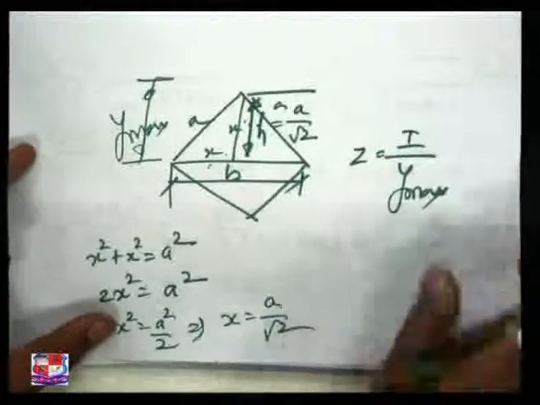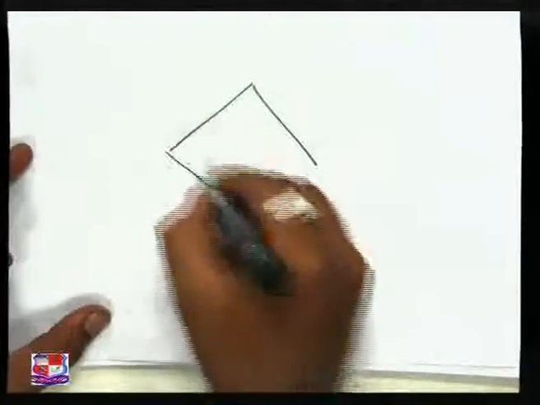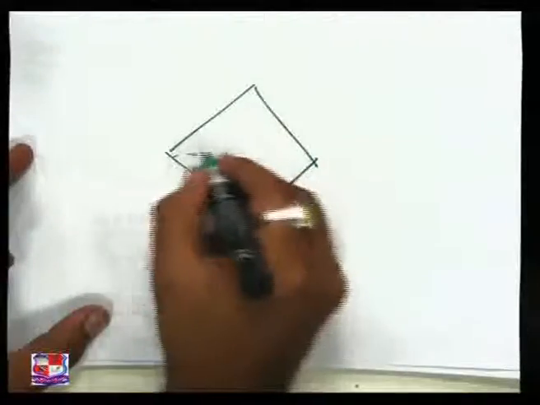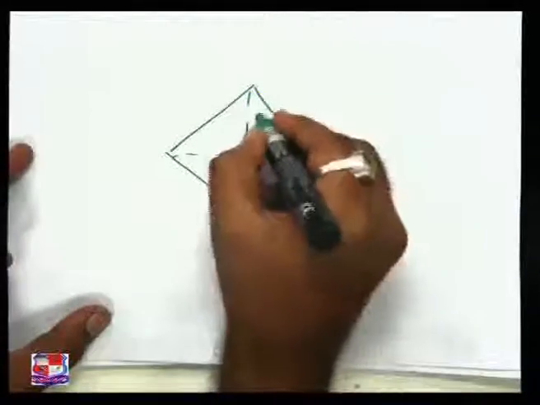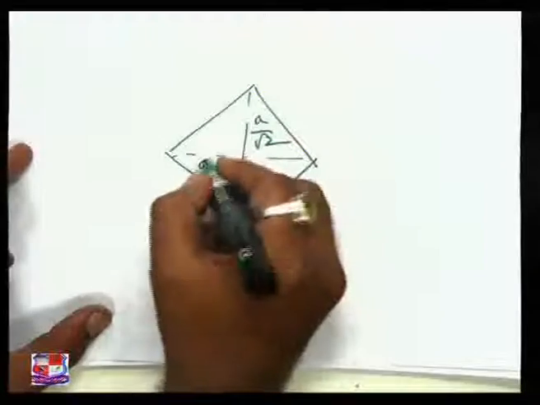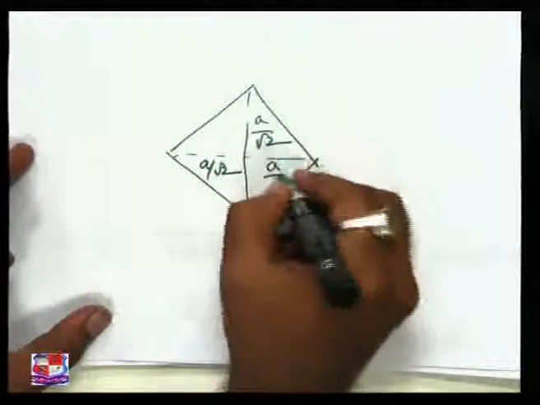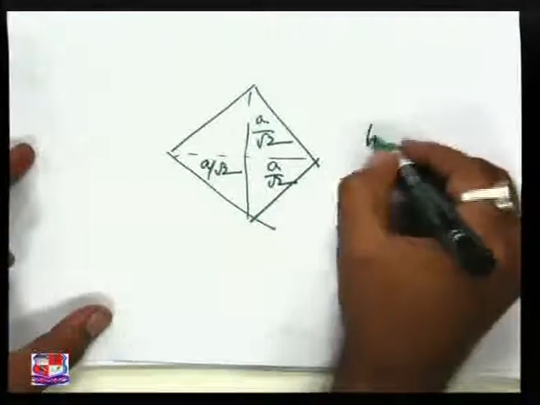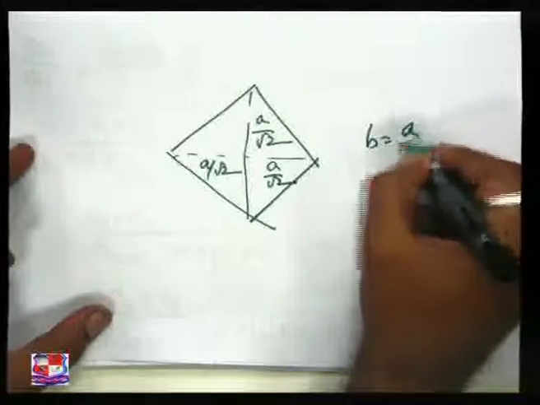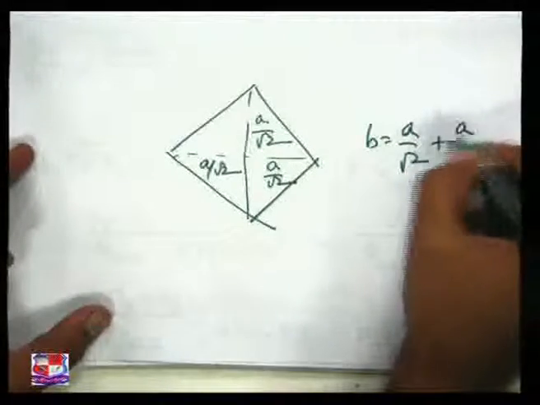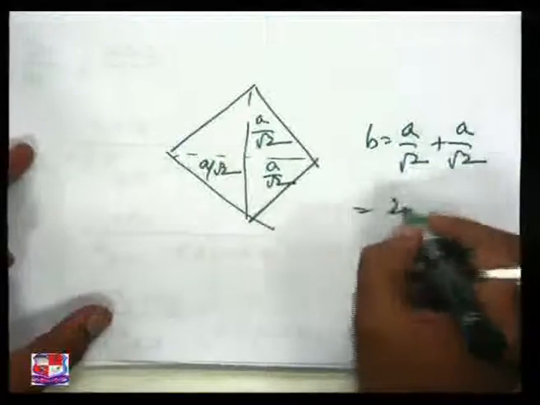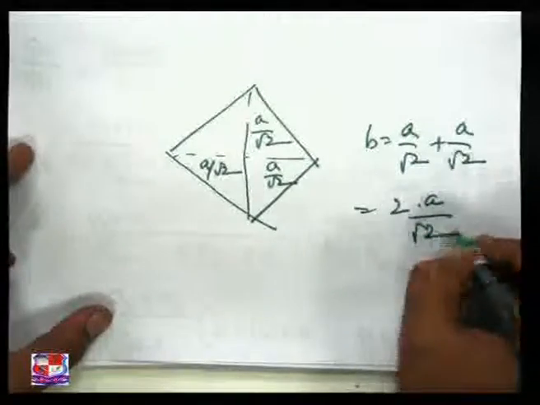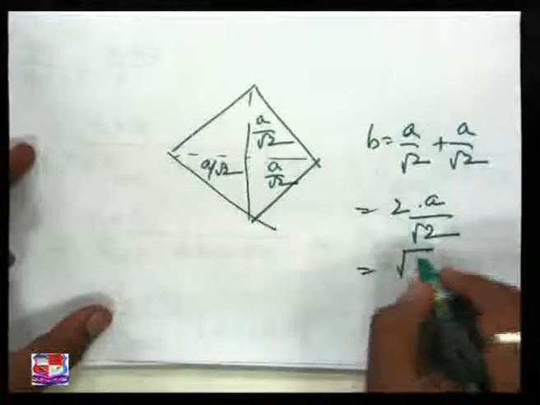So we found out, if you see in this particular figure, this is a by root 2, this is a by root 2, all are a by root 2. So b is equal to a by root 2 plus a by root 2, that is twice into a by root 2, and we achieve root 2a.